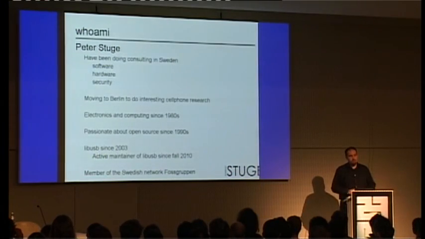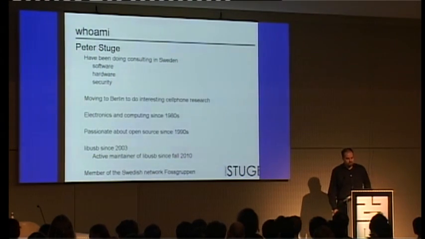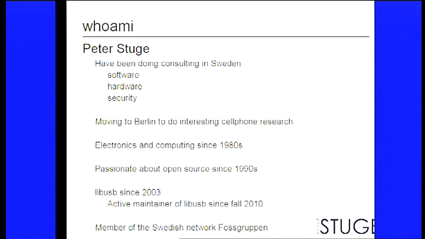My name is Peter Stuge. I've been doing consulting in Sweden for a long time, software, hardware, security. I'm about to move here to Berlin, which is going to be a lot of fun for some interesting cell phone research. I've been doing electronics and computing since the 80s, and open source really passionately since about the 90s. Maybe you've heard me talk about coreboot some other time.